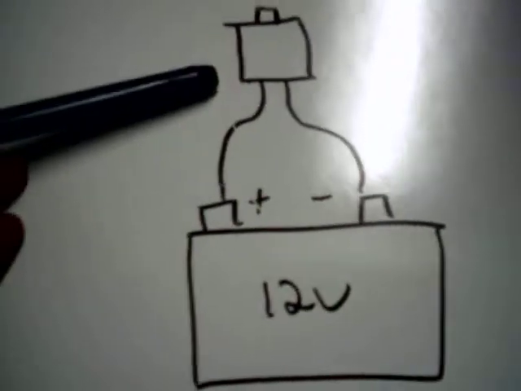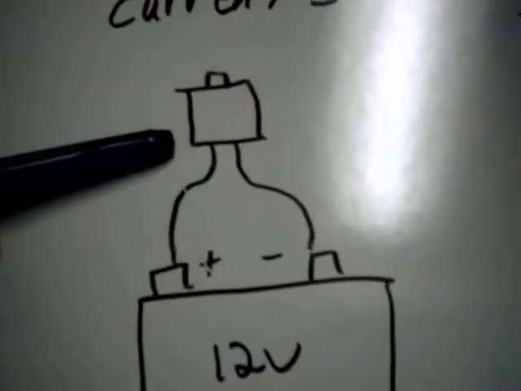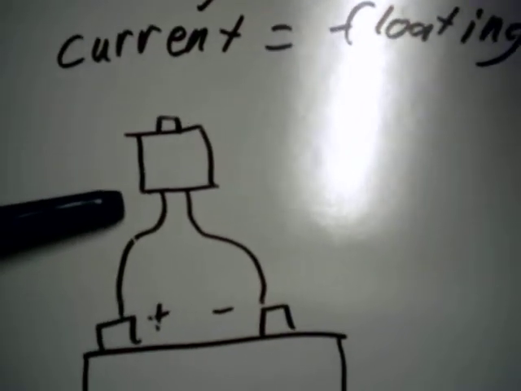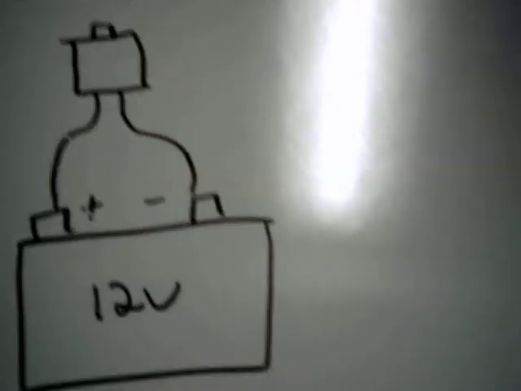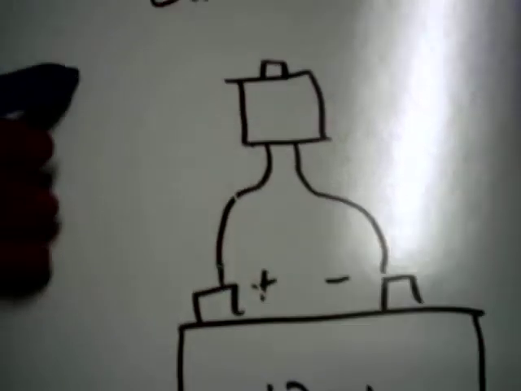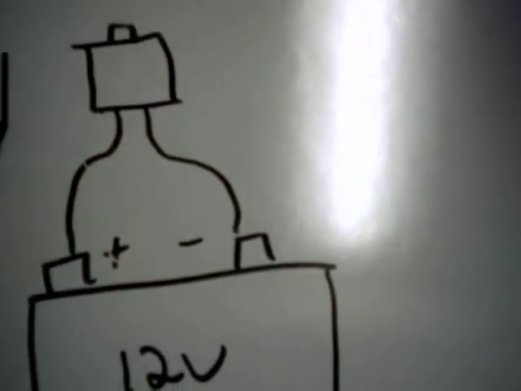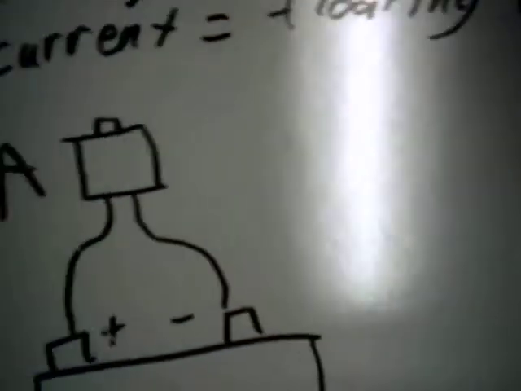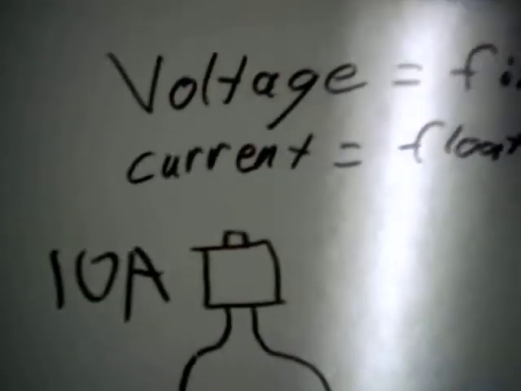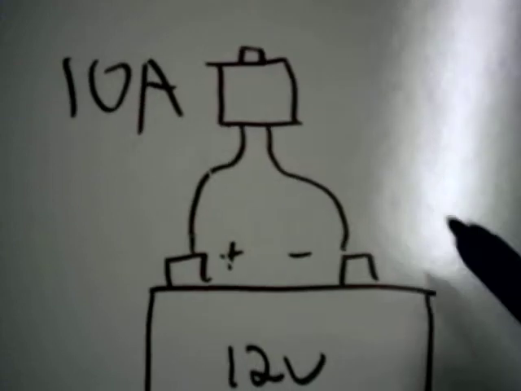You have a DC motor right here. DC is direct current, and let's say it draws 10 amps. Now, it's still receiving 12 volts. It's always receiving 12 volts, but it's drawing 10 amps.